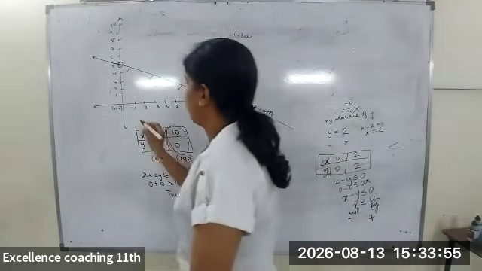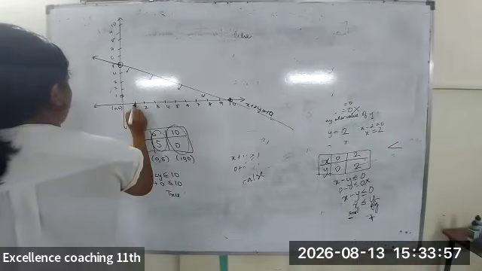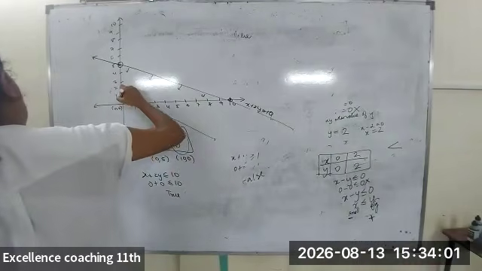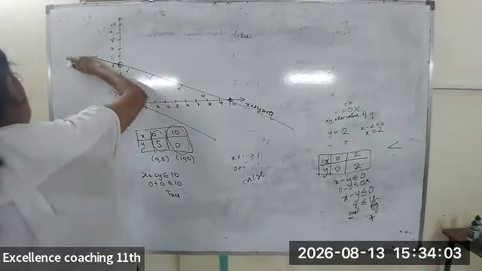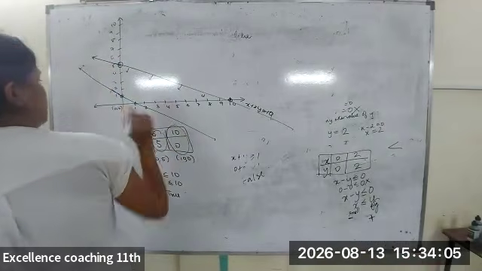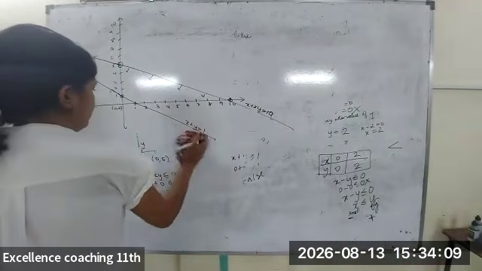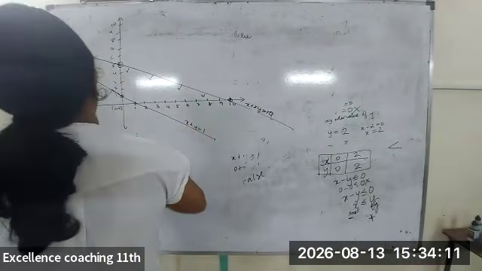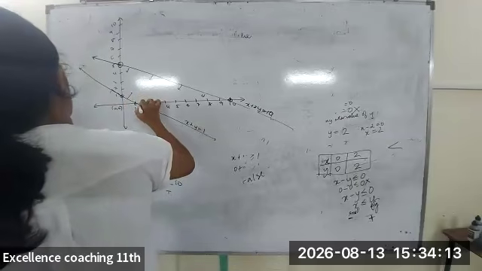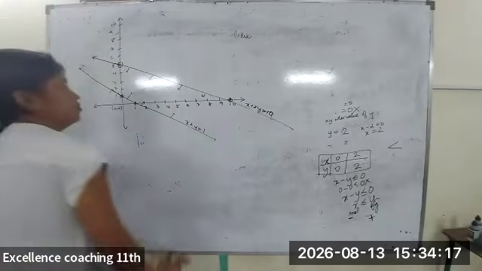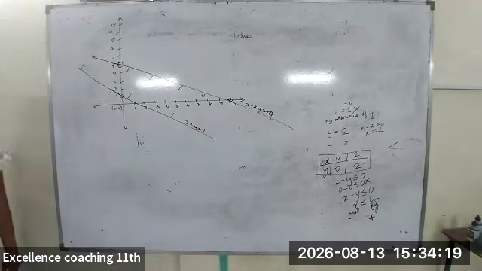Second one 0, comma 1 and 1, comma 0. False means upward, away from the origin.